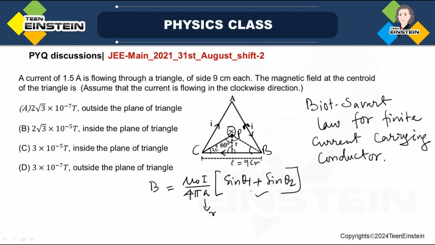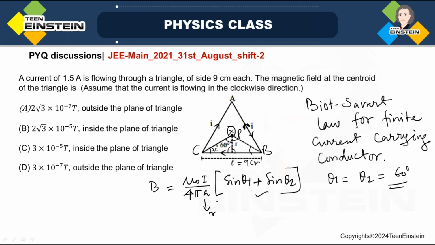So theta 1 and theta 2 actually are the same from the figure. So from the point, this is 60 degrees, this is 60 degrees. So theta 1 and theta 2 are 60 degrees.